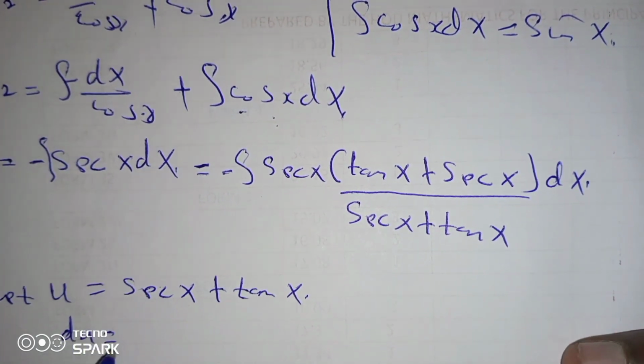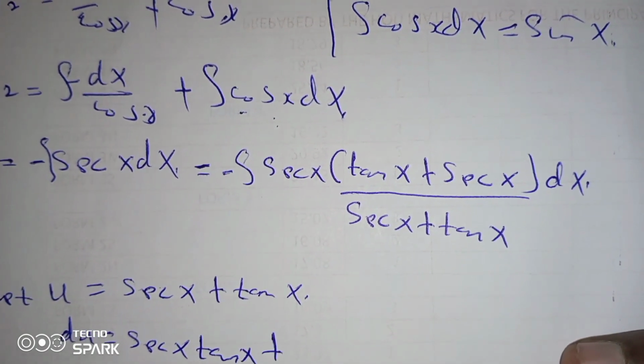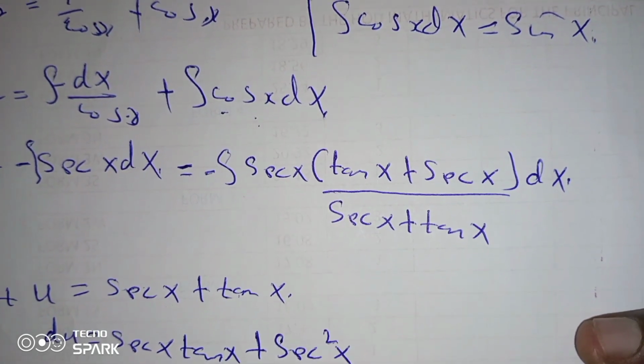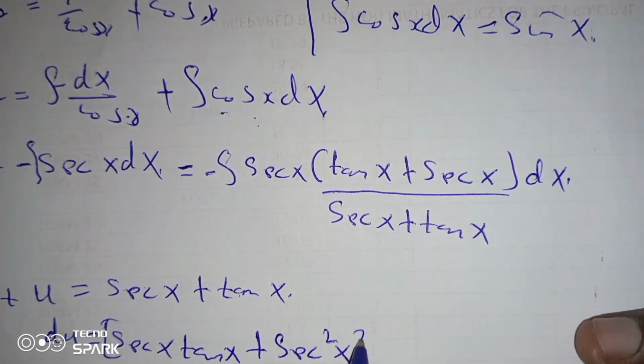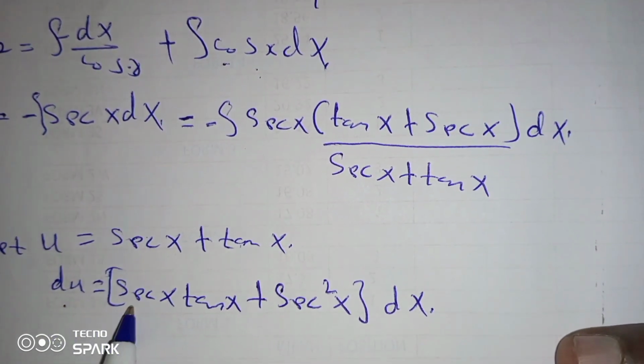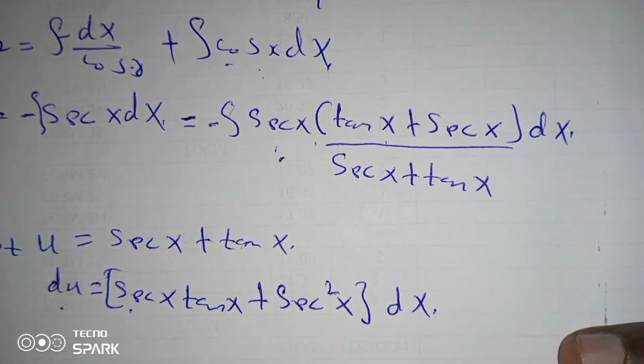We differentiate this, which is equal to sec of x tan of x plus, when we differentiate tan of x, we will get sec of x squared, everything here dx. Now when you look at our du, it is the same as whatever is in the bracket, because this is sec of x tan of x plus that.